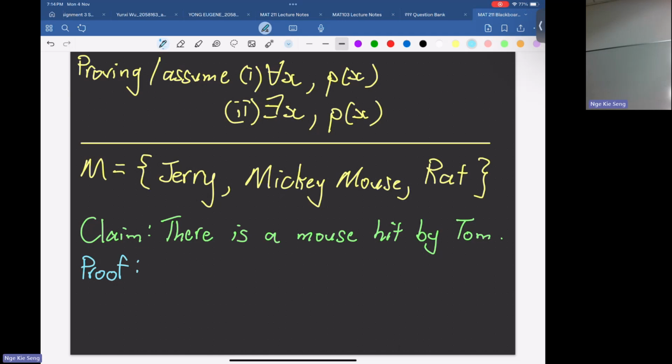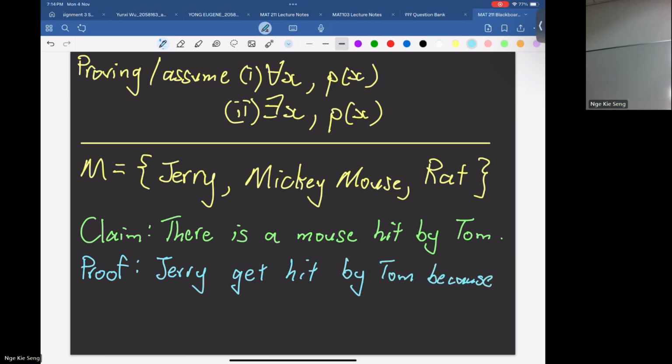If Jerry does not get hit, yeah. Okay. So what's wrong with that? So if Jerry got hit, then done. Okay. So Jerry gets hit by Tom. How to prove?